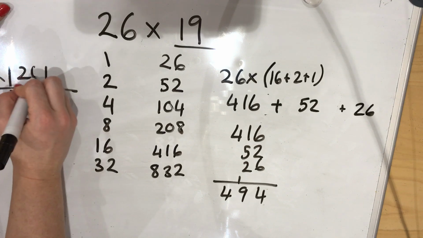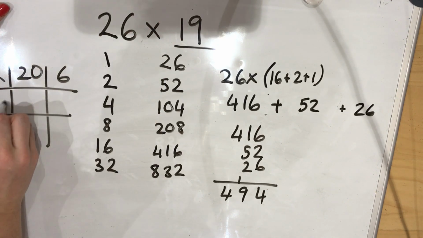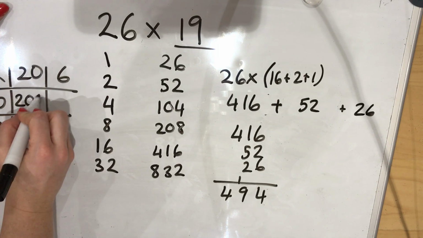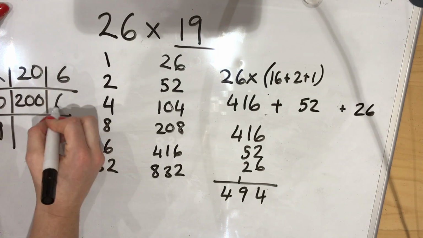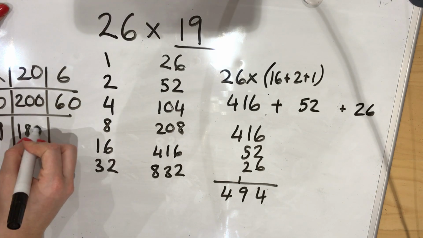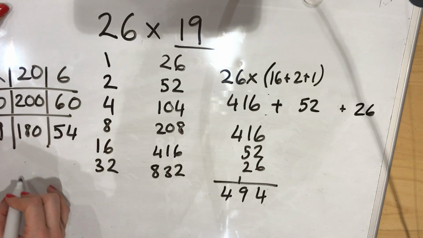So 26 can be partitioned into 20 and 6, and 19 will be 10 and 9. So 10 multiplied by 20 is 200, 10 multiplied by 6 is 60, 20 multiplied by 9 is 180, 9 multiplied by 6 is 54.